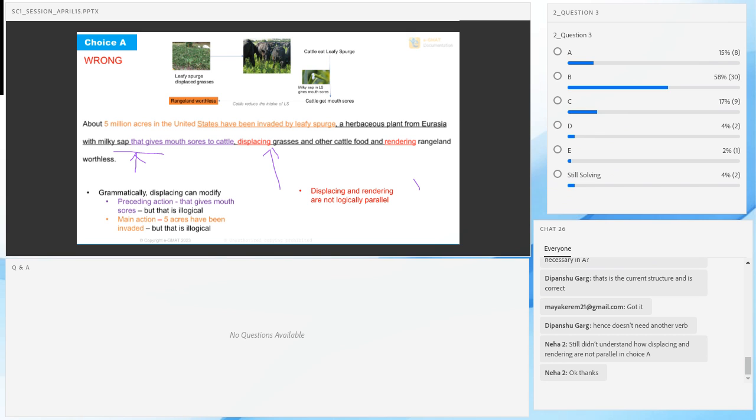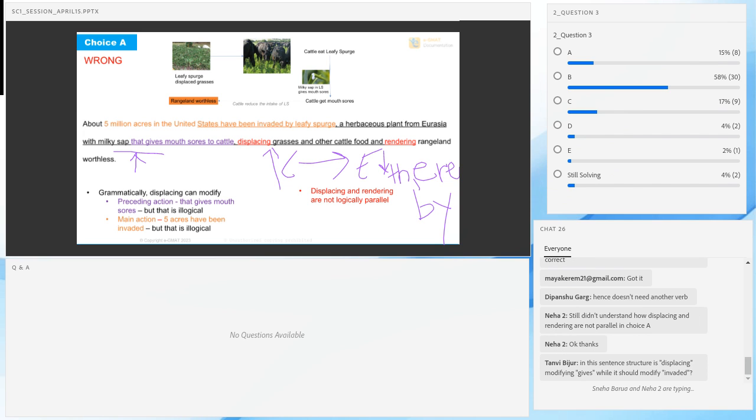If over here you had "therefore" or "thereby," something connecting these two in that cause and effect relationship, this is the cause and this is the effect, then the sentence would have been fine. But right now when you say displacing and rendering, they are both at the same level. You're giving equal importance to both of those. There is no cause and effect. That is why this sentence is wrong.